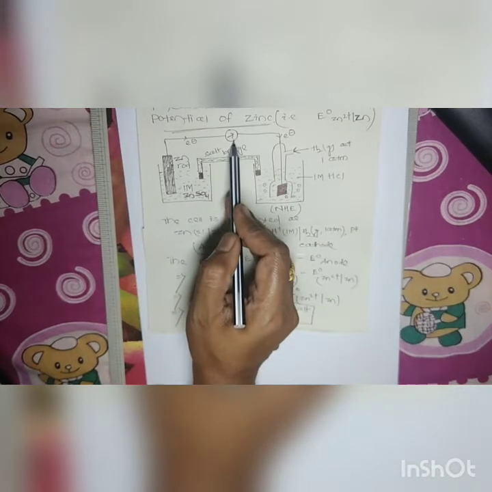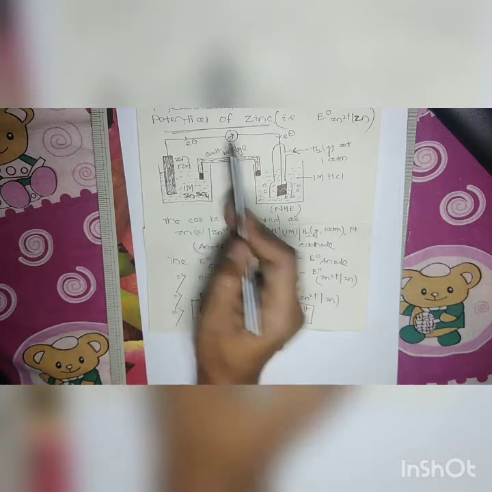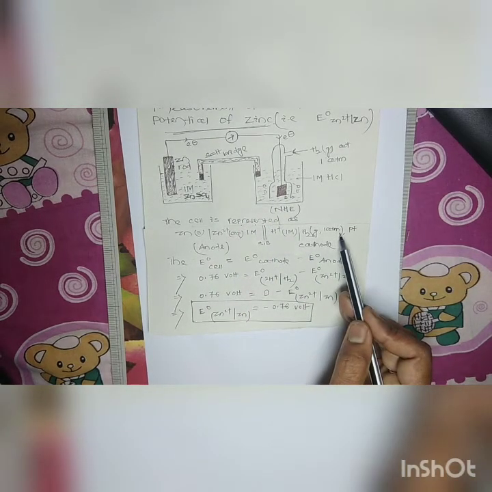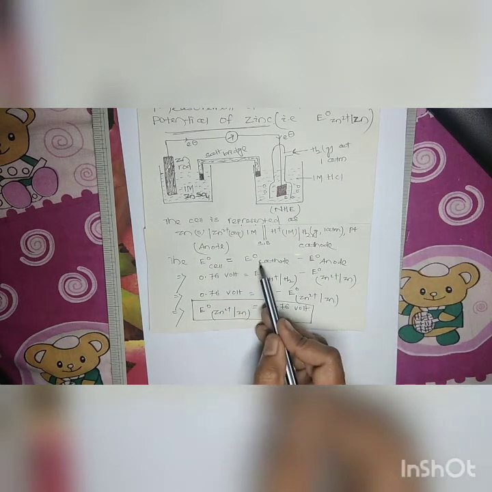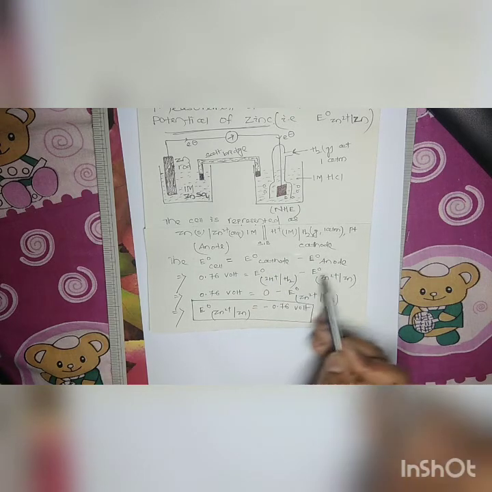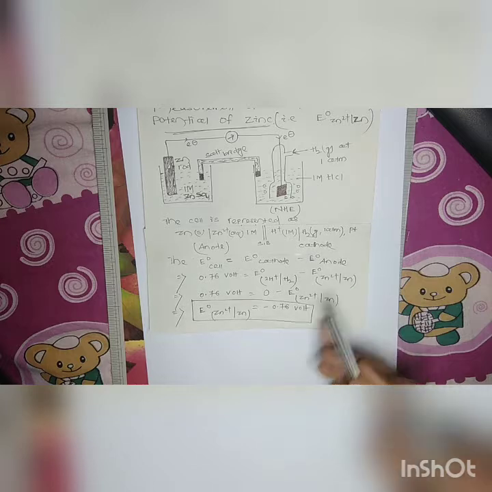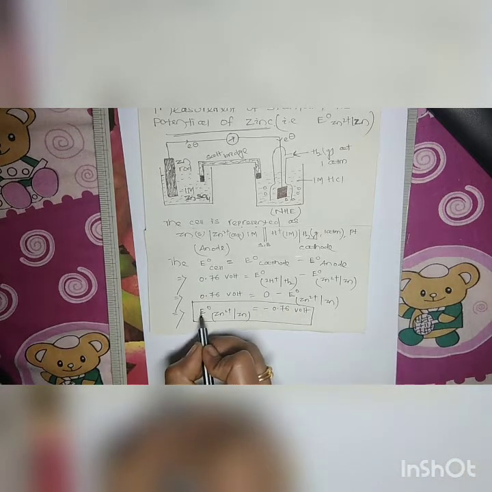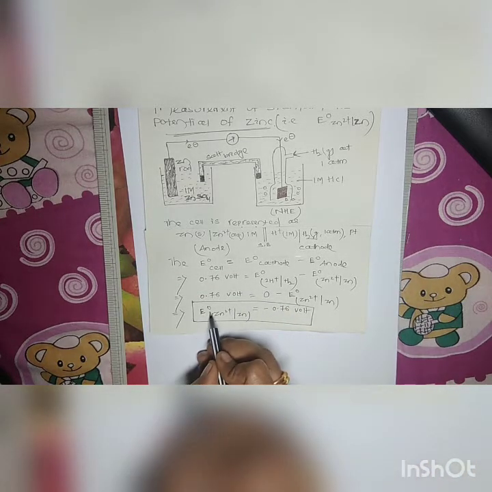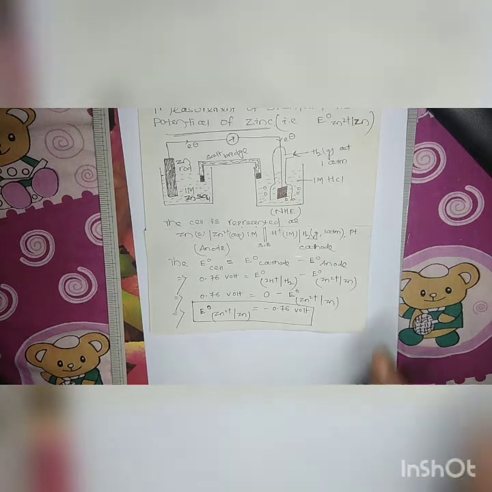This is the galvanometer which shows the deflection of current. The cell is represented by this, and E naught cell equals E naught cathode minus E naught anode. Cathode is represented by the hydrogen electrode, anode by the zinc electrode. And after all the calculations, E naught Zn2+/Zn is coming minus 0.76 volt.